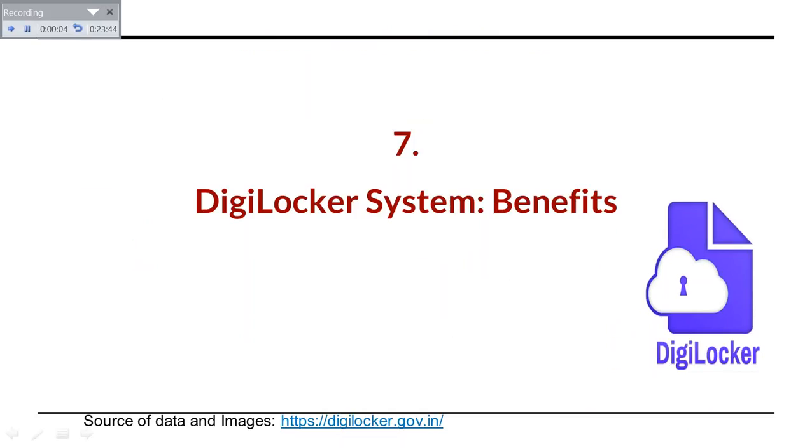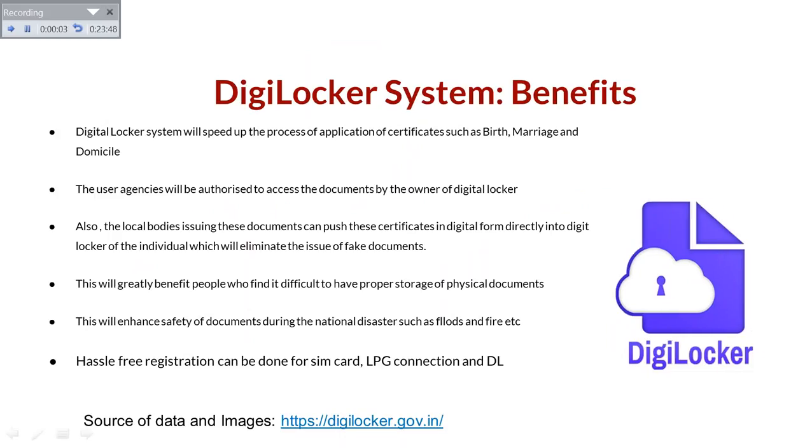So the next thing is, what are the benefits? The DigiLocker system will speed up the process of application and certification, such as birth, marriage, and domicile certificates. That means you don't have to go and apply for that and wait for 3 days and then collect it. This will make a very smooth and seamless integration. You apply digitally because you are using your DigiLocker. You will get it digitally because it will be issued to your DigiLocker.